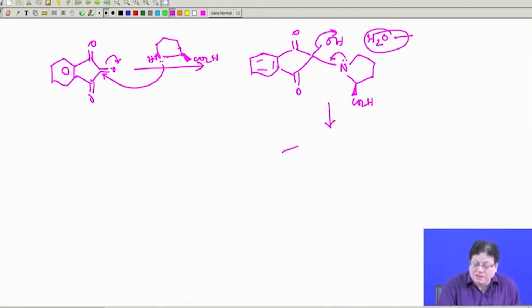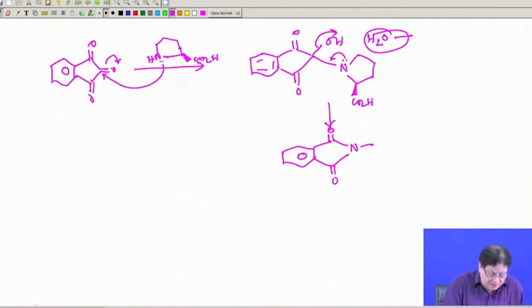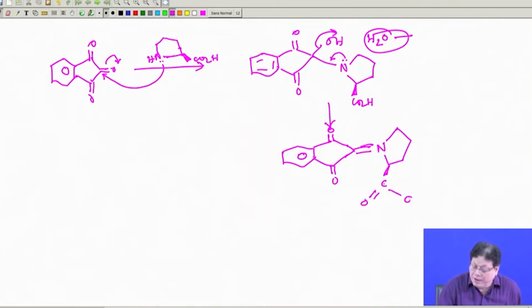And in the process, unlike in the previous cases, here the nitrogen remains as a positively charged species. So, you have a double bond here, the nitrogen, and it is an iminium ion now, OH, and this is plus.